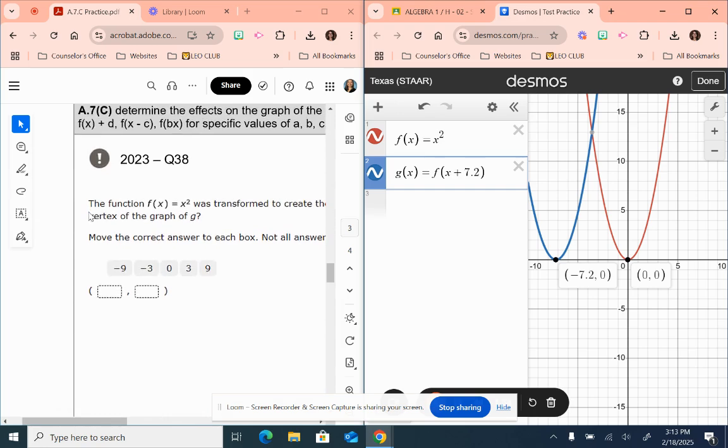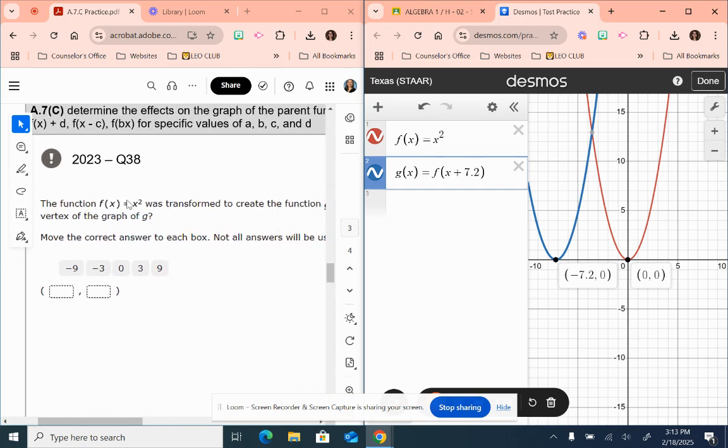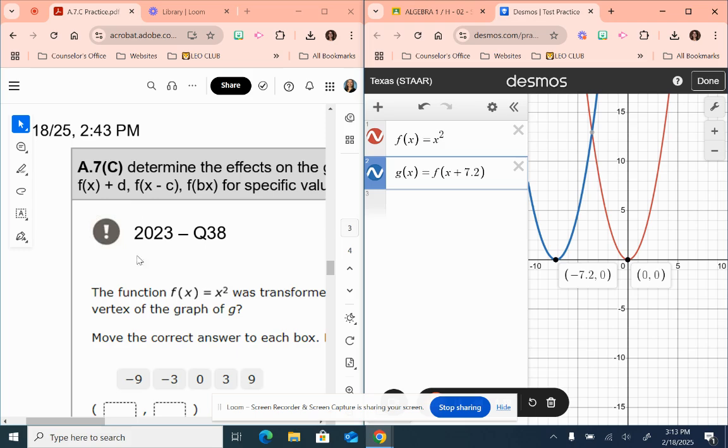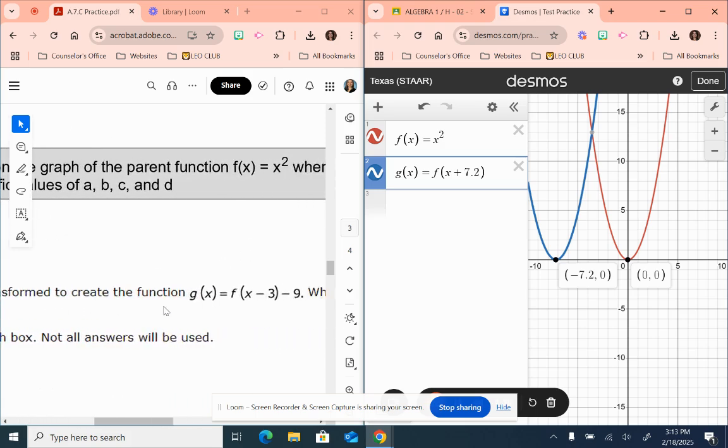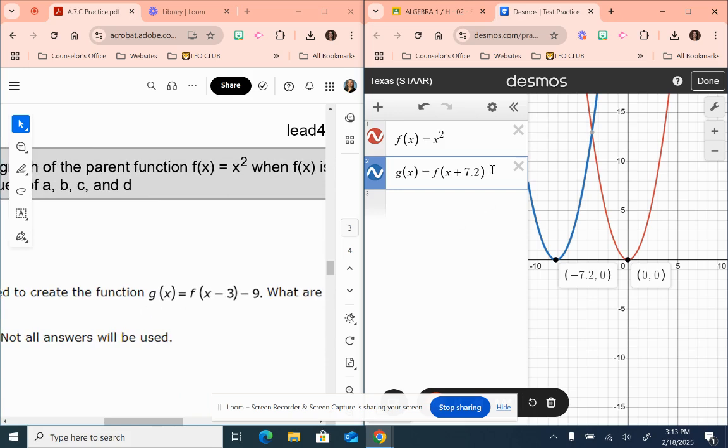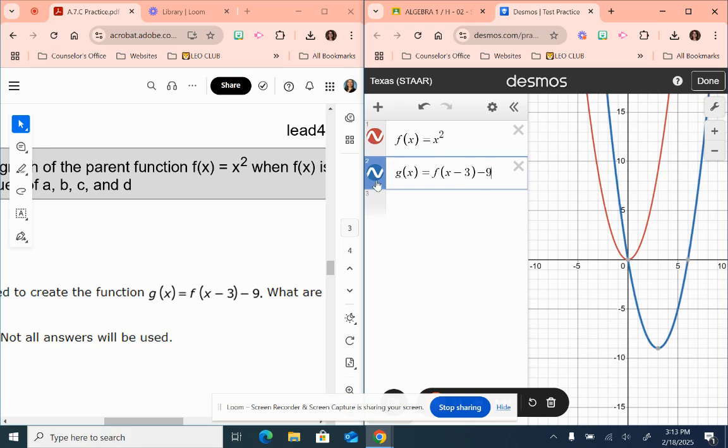The third question is, we're starting off with f of x equals x squared, which is our parent function, was transformed to create a function g of x. Okay, so now I have a new function, g of x, f of x minus 3, close parentheses, minus 9. Okay, so now if I click off the blue, I'm left with my original quadratic function, which is x squared.